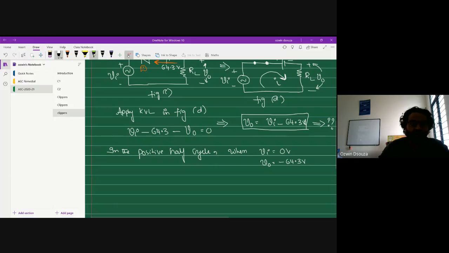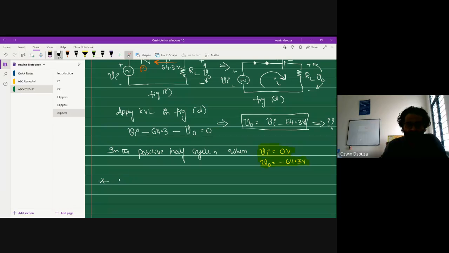This is very important. When your input is 0 volts, your output is minus 64.3. This step will help you in sketching the waveform. Fine, I'll keep that information aside.